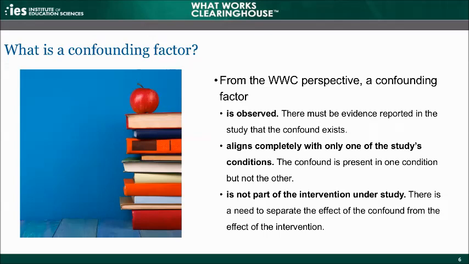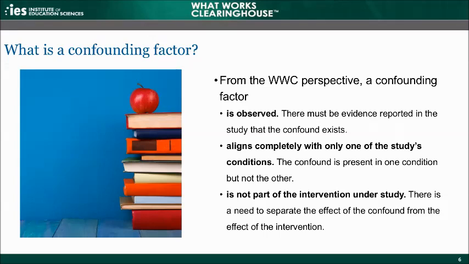Regarding this third characteristic, if the study factor considered as a possible confound is part of the intervention, there is no need to separate the effect of that factor from the effect of the intervention, because the factor is actually part of the intervention.